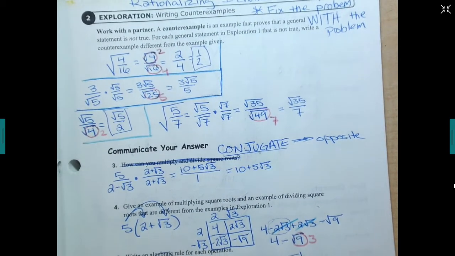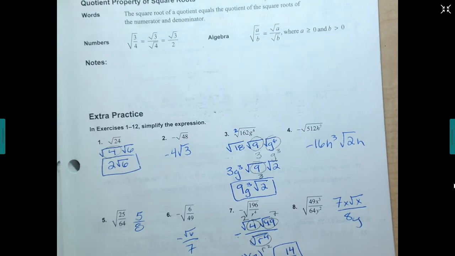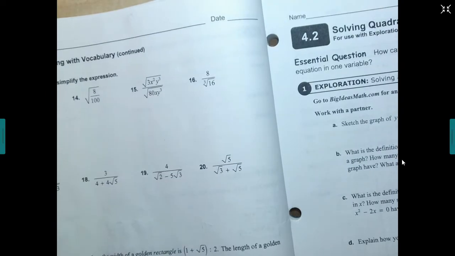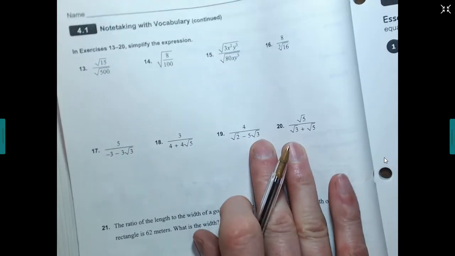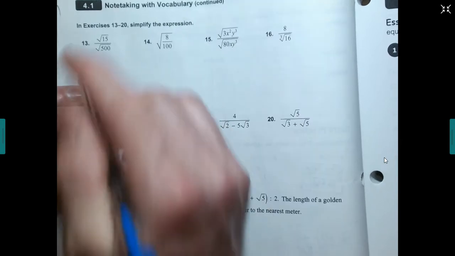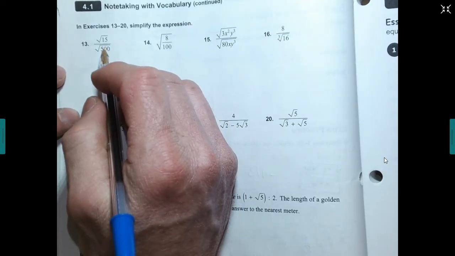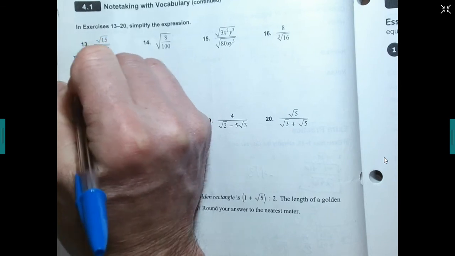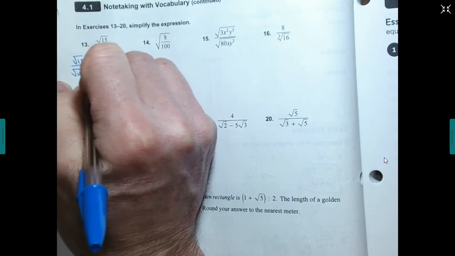Okay, let's do a couple of problems. What happens if we have something that we can simplify? Well, let's simplify it first. So we have the square root of 15 over the square root of 100 times the square root of 5.